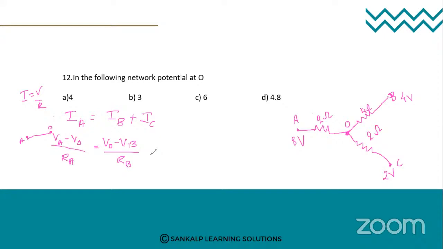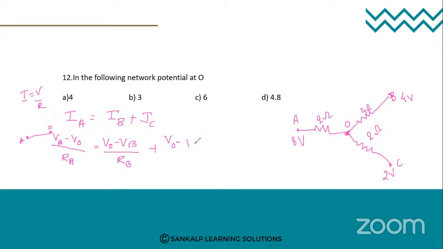So here we use I is equal to V divided by R, but here we have a network. Therefore this is the VA potential and this is the V naught potential, and this becomes the VB potential. Here it is VB potential, and here it is VC potential. So we can write it as the net potential at that point.